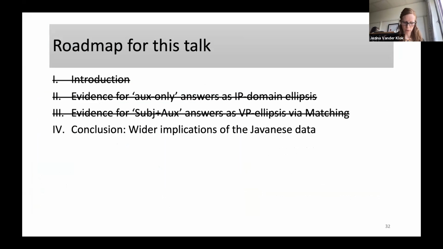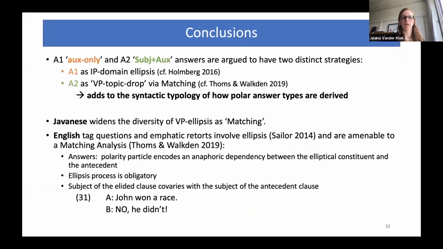Okay, so now I'd like to conclude with some wider implications of the Javanese data. As I've mentioned, these two types of repetition answers are argued to have two distinct strategies. So auxiliary only as IP domain ellipsis, and subject auxiliary answers as VP topic trop via a matching analysis where both VPs are base generated.